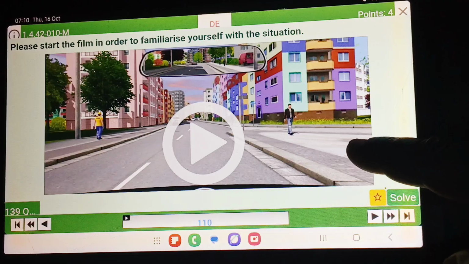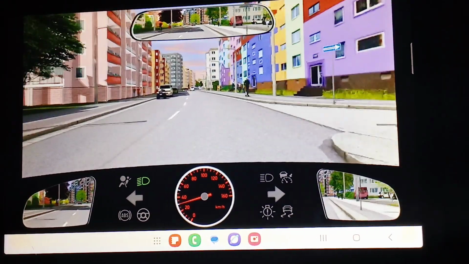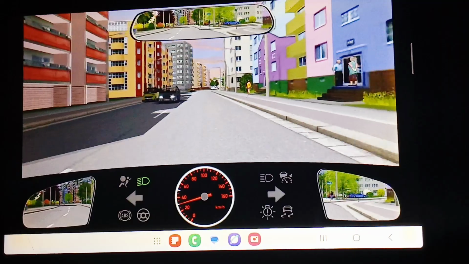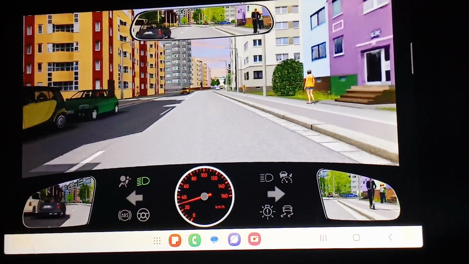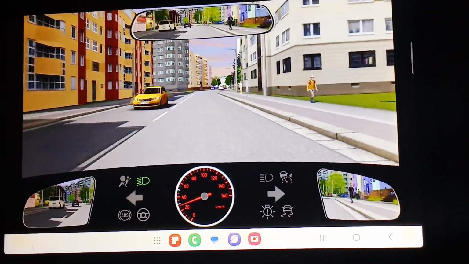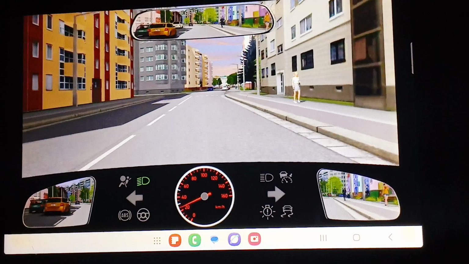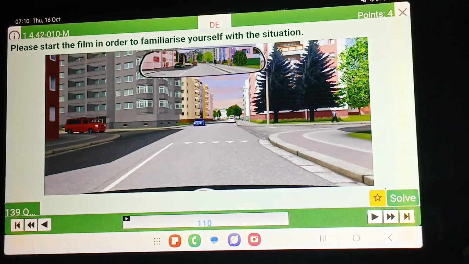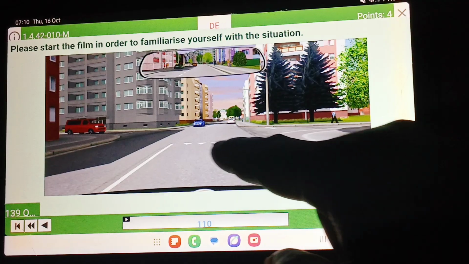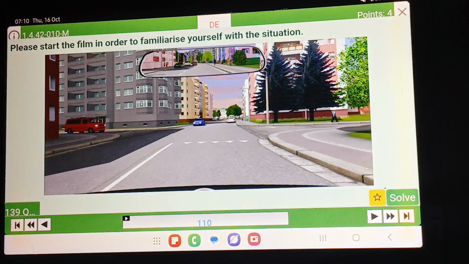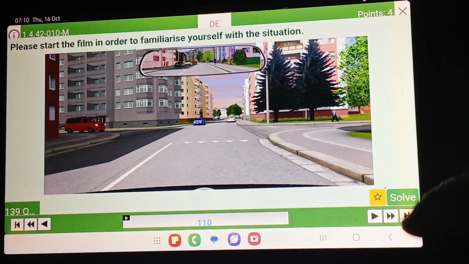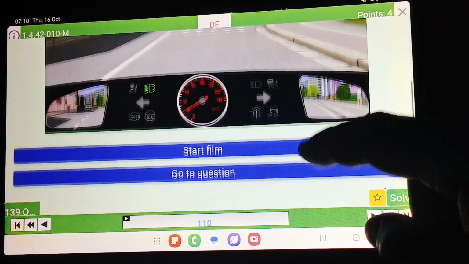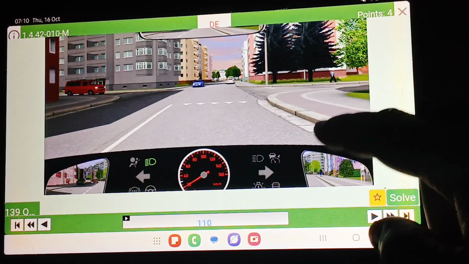It's a video question. Watch your screen. Now you are driving on this road, and as you can see, there are markings on the road. Look at these white markings. Let's go to the options.